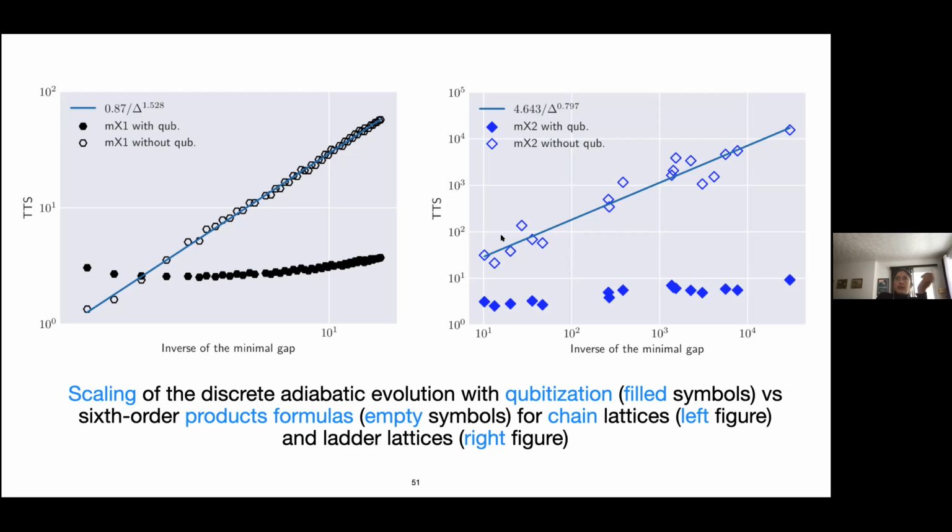It could be because some of the procedures we did had a better impact on those types of lattices. But again, it's pretty scattered, so a clear trend, the scaling cannot be assumed.